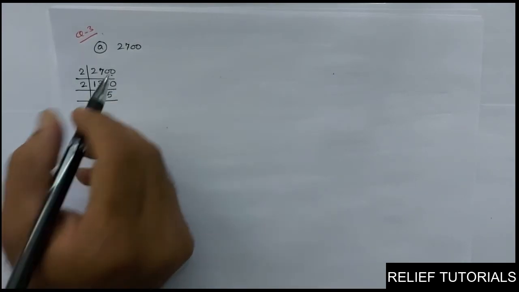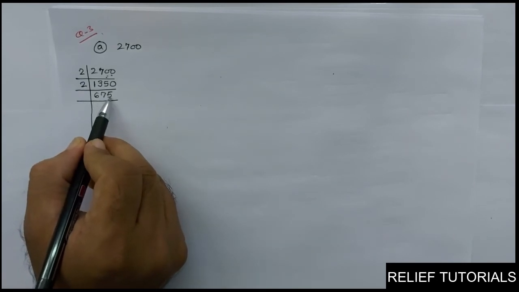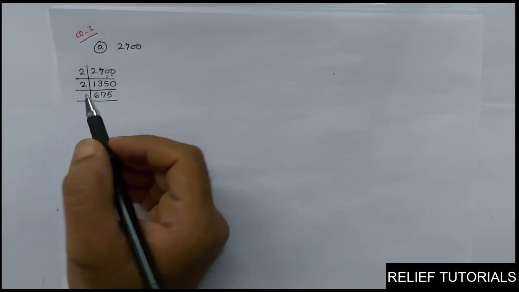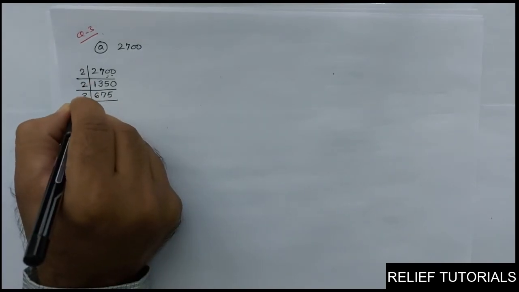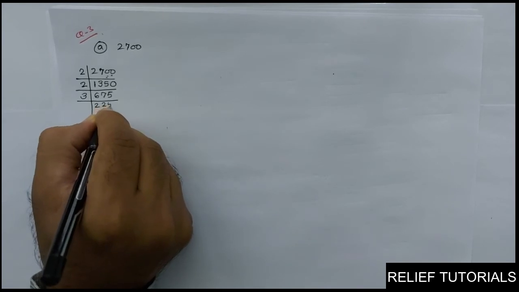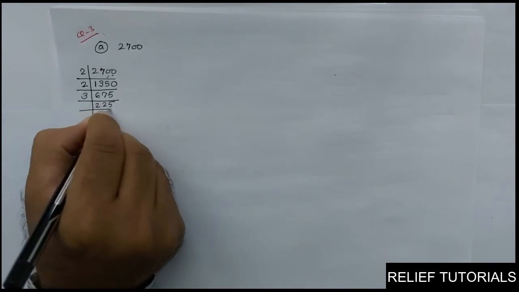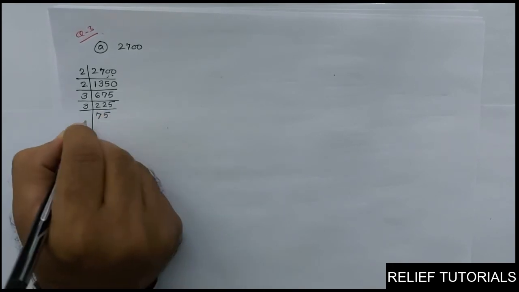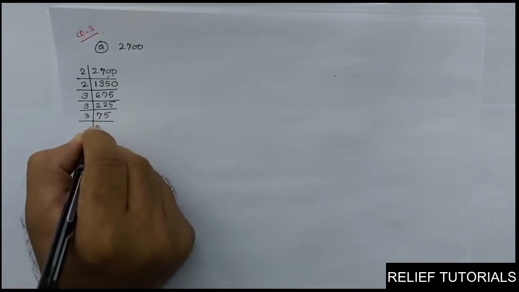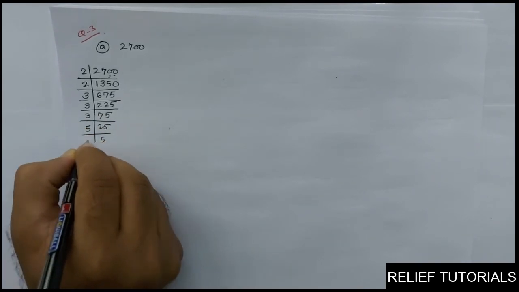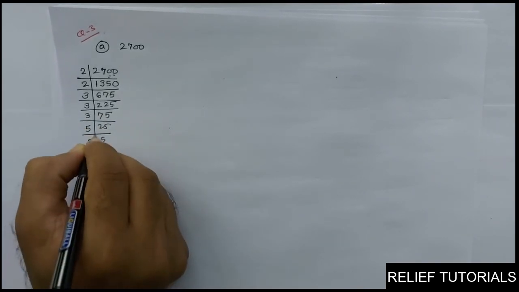Let us check it by 3. 7 plus 5 is 12, 12 plus 6 is 18. So 3 twos are 6, 3 fives are 15, 3 sevens are 21, 3 fives are 15.